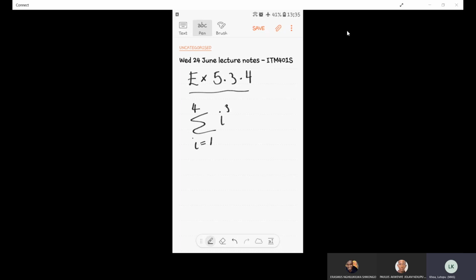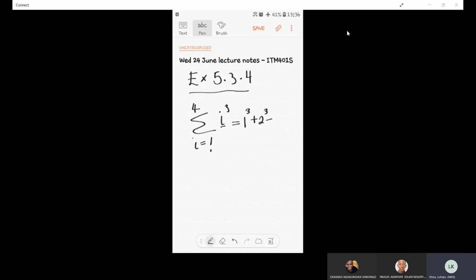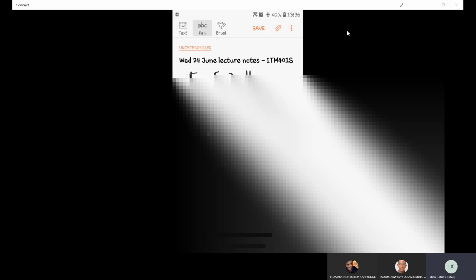Now i to the power of 3 is not geometric, it is not arithmetic, so we cannot use the formula for Sn. Because we have only a few terms, we can easily calculate this. I will start at 1, then i goes to 2, 3, and then 4. So this sum is just equal to 1 cubed plus 2 cubed plus 3 cubed plus 4 cubed.